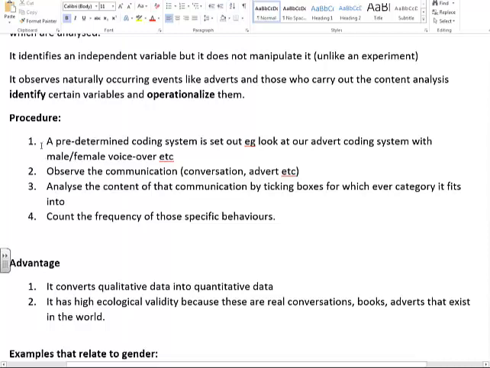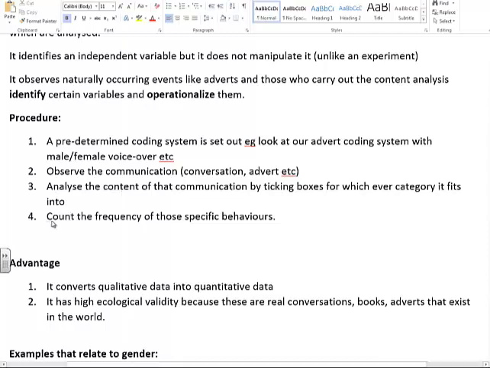And then, of course, if you were doing this like you did in class, you would observe the communication. You watch the advert or you listen to the conversation or whatever. Okay, and you analyze the content of that, usually exactly as we did by ticking boxes for whichever category it fits into. All right, so some sort of coding system like that. Usually something like a tick box is a nice, easy way of doing it.